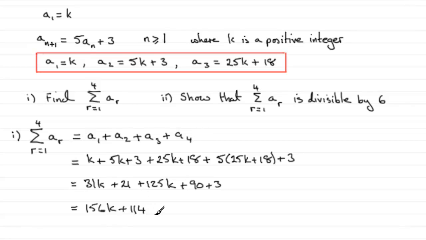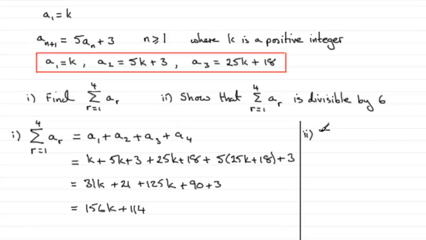Now for part 2, we've got to show that this is divisible by 6. Now if it's divisible by 6, it means that 6 must be a factor of this particular value. So I'm hoping that 6 goes into both these numbers here, 156 and 114. And in fact it does. So all we've got to do for this part 2 then is just show that it factorizes.